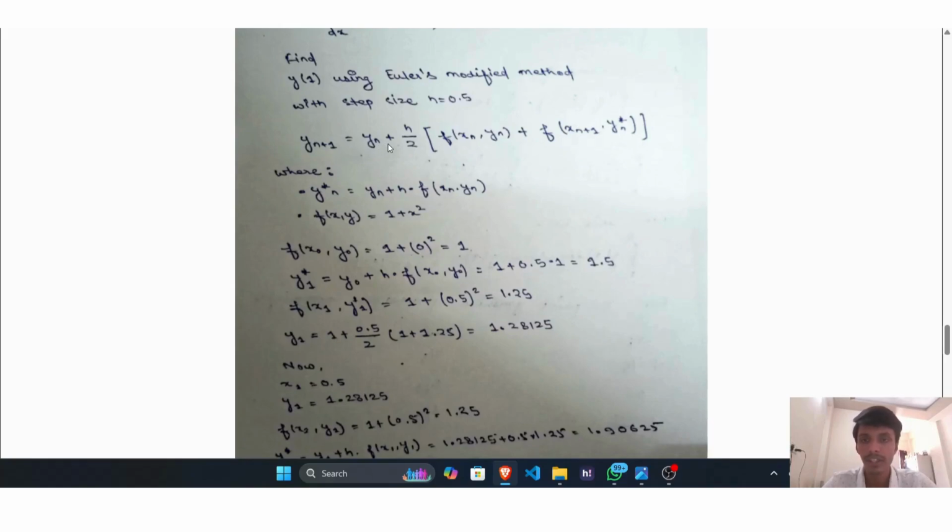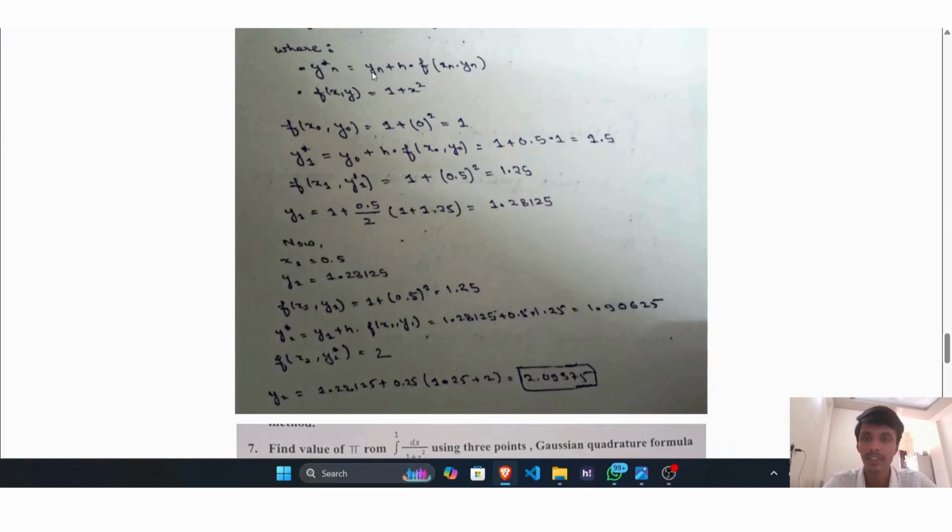y(n plus 1) is defined as yn plus h/2 (f(xn, yn) plus f(x(n plus 1), y star n)), where y star n is defined as yn plus h times f(xn, yn), and f(x, y) is defined as 1 plus x square. So f(x0, y0) equals 1 plus 0 square, which is 1, and y star 1 equals y0 plus h times f(x0, y0).